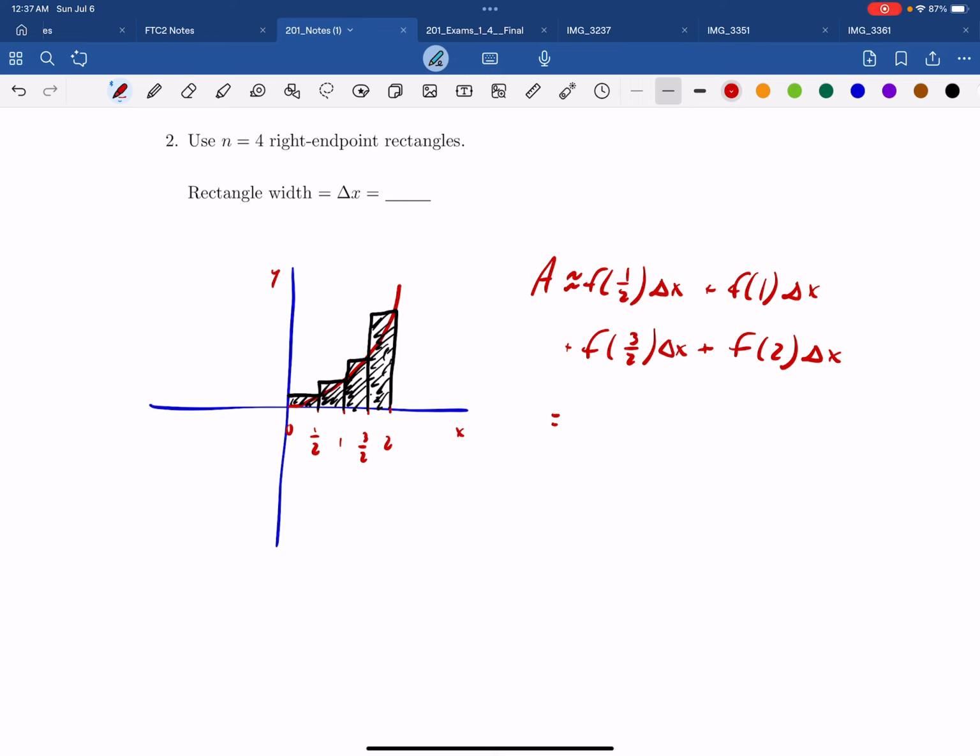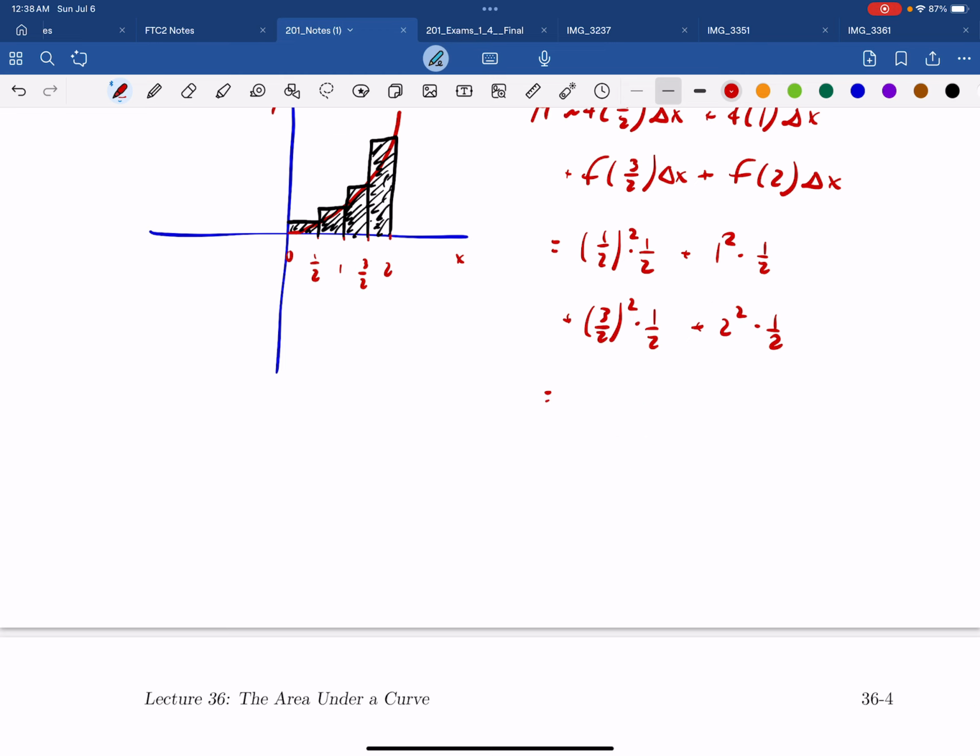So let's see, I forgot to mention, delta x does equal 2 minus 0 over 4, which is 1/2 as before. So we're getting 1/2 quantity squared times 1/2 plus 1 squared times 1/2 plus 3/2 squared times 1/2 plus 2 squared times 1/2.